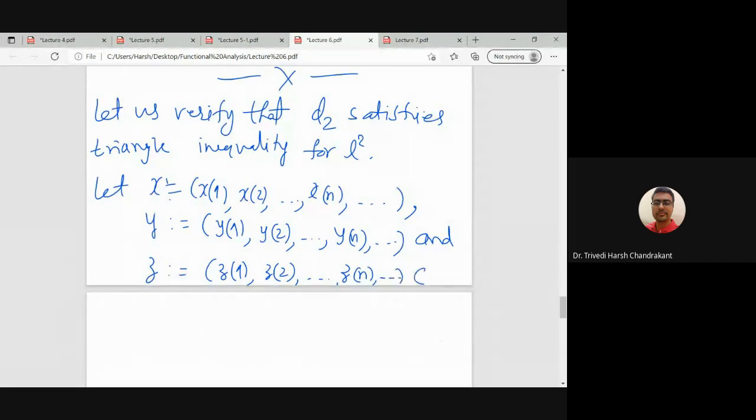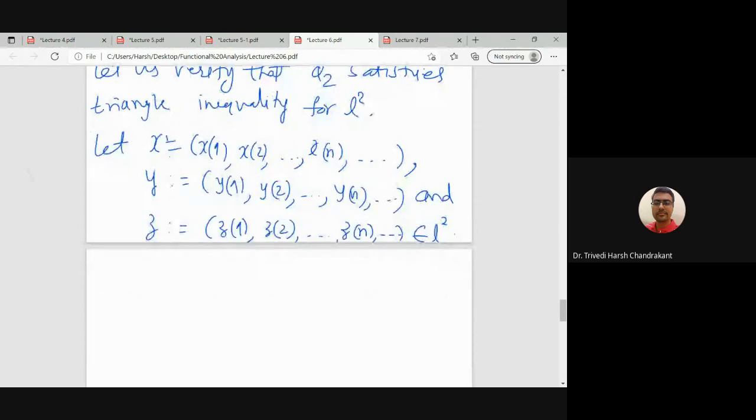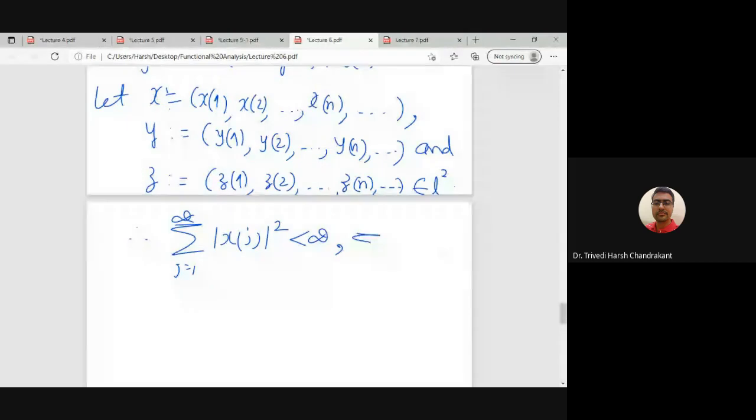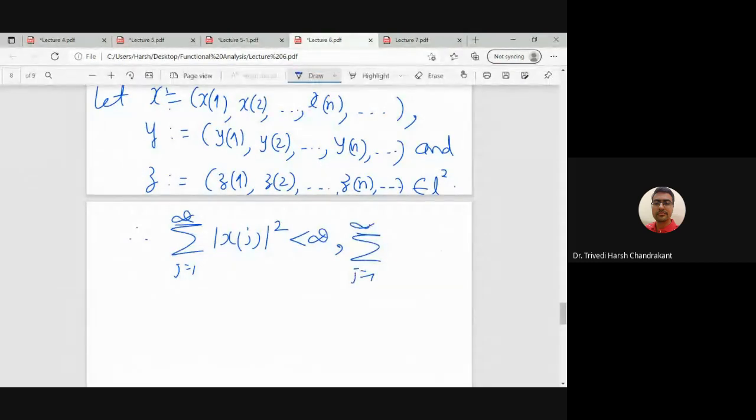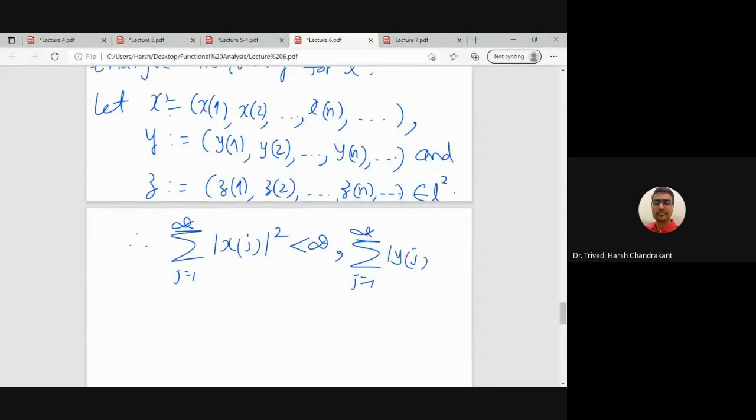These three are elements of L2, that is given. So that means what? That means summation of xj square, this series is convergent, this series is convergent, and the third series is also convergent.